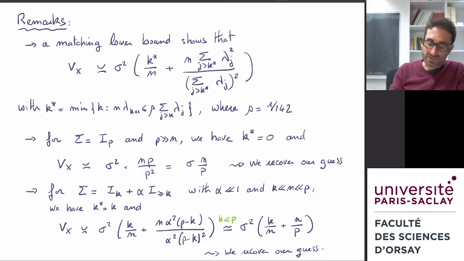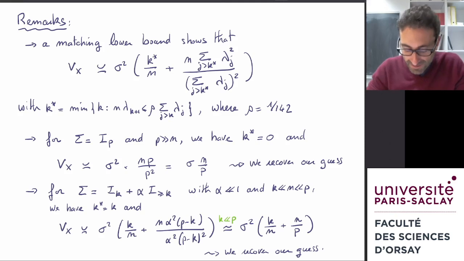So let us look now at the spike model. We have the low dimensional part, and we have a high dimensional part with a small sigma, so alpha is small. And we assume that k is small compared to n compared to rho.